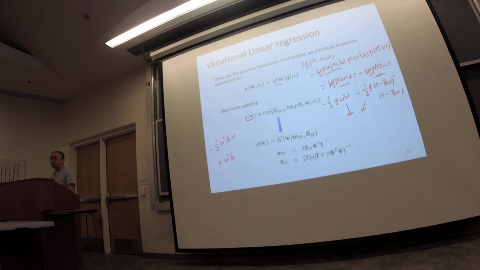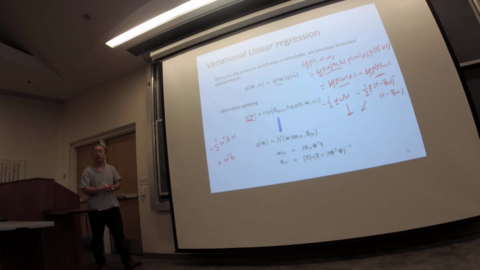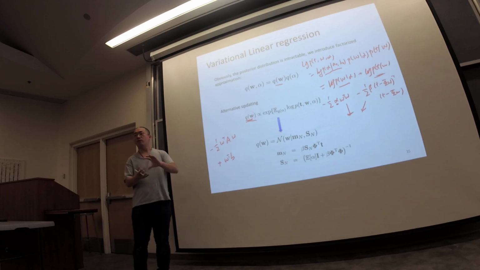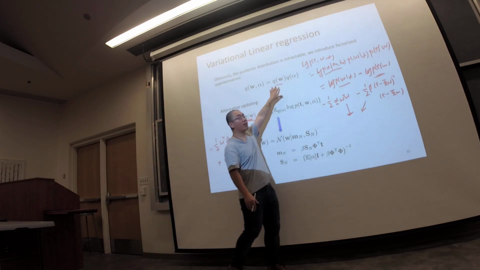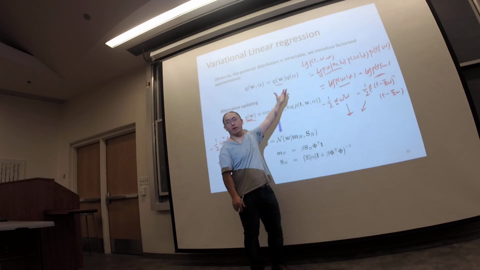Then the last step is essentially to run optimization on it. When you do the alternative update of Q of W and Q of alpha, you're actually optimizing Q of W and Q of alpha. After convergence, you end up with your optimal estimation of Q of W and Q of alpha. And the guarantee is that this product will be the closest to the true posterior, given its factorized form. So this is an optimization procedure.